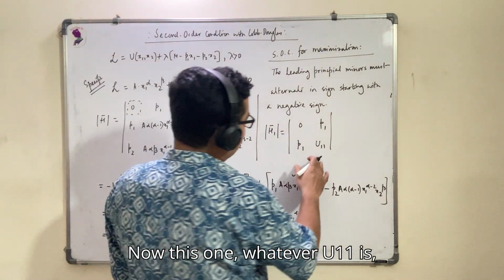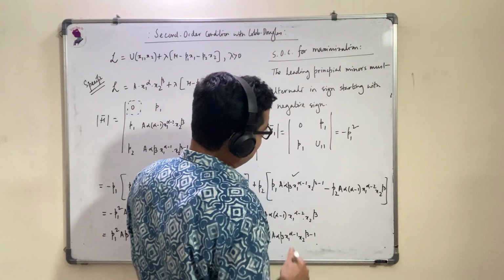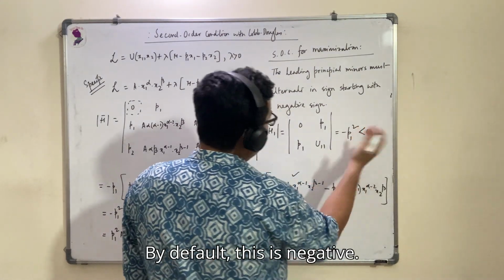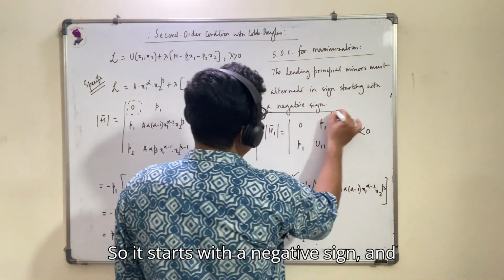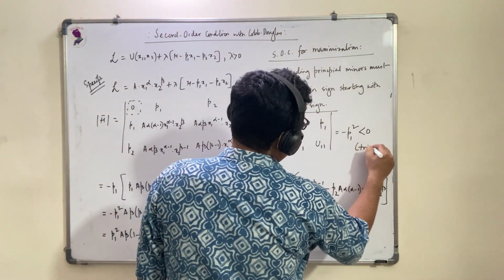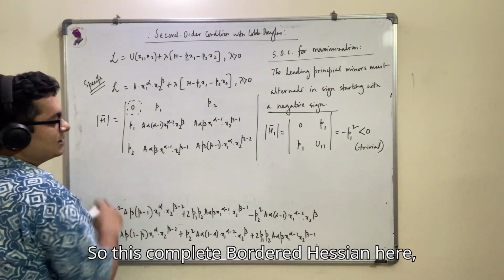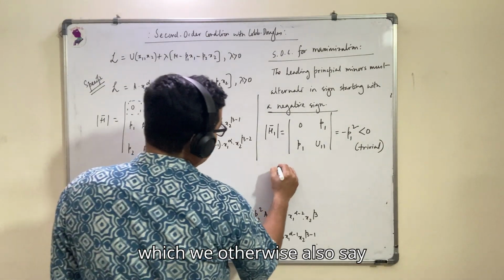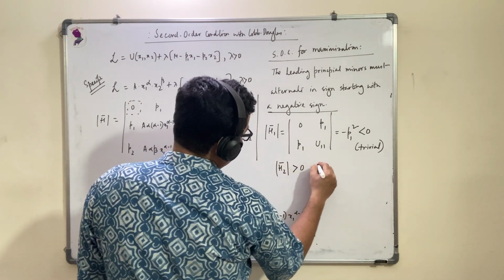Now this one, whatever U11 is, minus P1 square. So by default this is negative, so it starts with a negative sign, and the first one is trivially negative. So this complete bordered Hessian, which we otherwise also say H2, has to be positive.